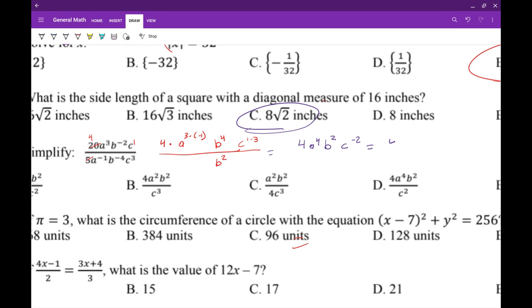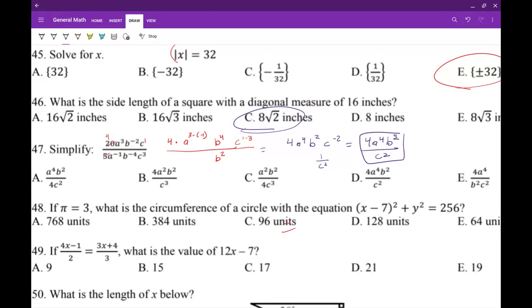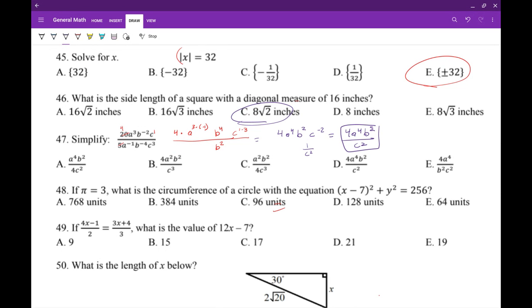So that's equal to 4a^4 b^2. And then because it's to the negative 2nd power, it's 1 over c squared. So over c squared. 4a^4 b^2 over c^2. That's answer choice D.